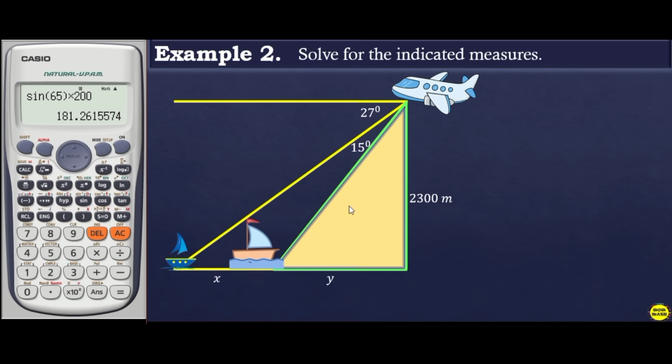Now, again, pwede mo i-apply dito yung alternate interior angle. Since parallel line po ito, itong two angles na to is equal to the measure of this angle, kasi alternate interior po yan.